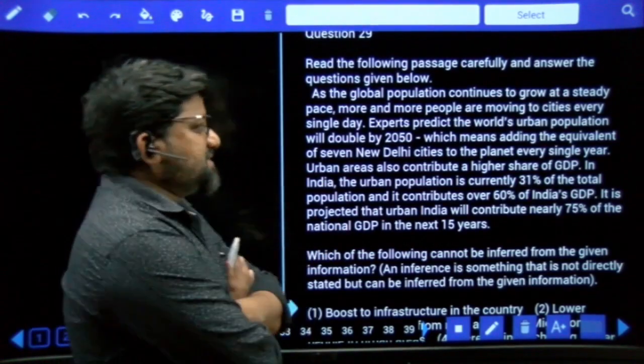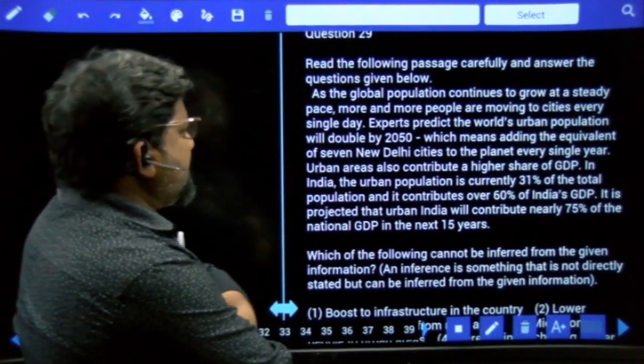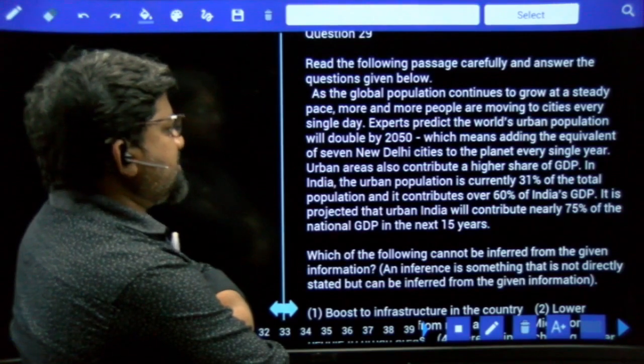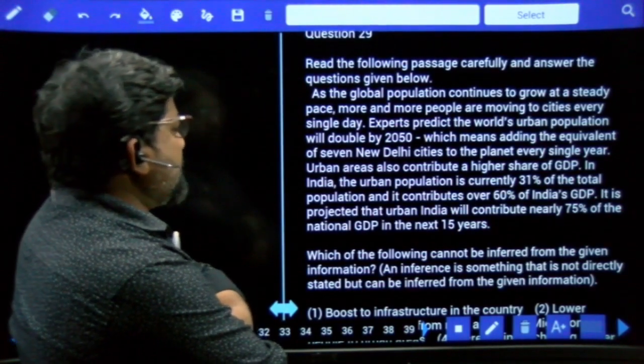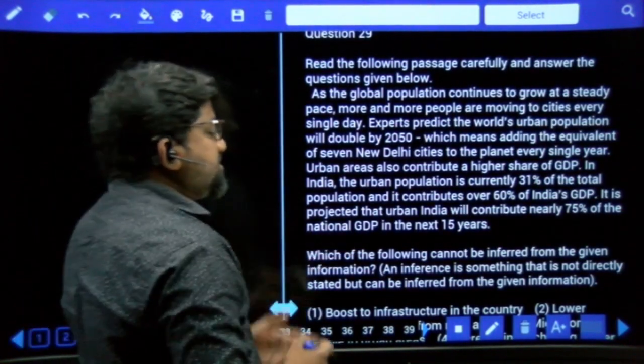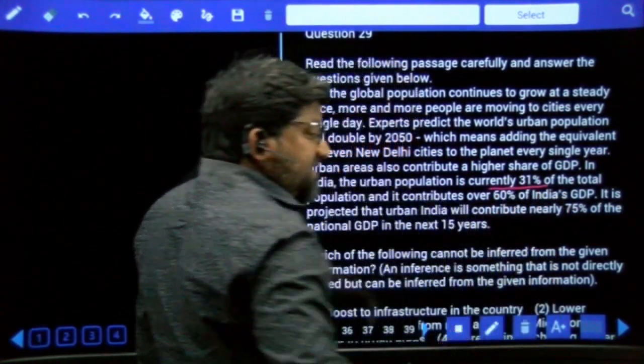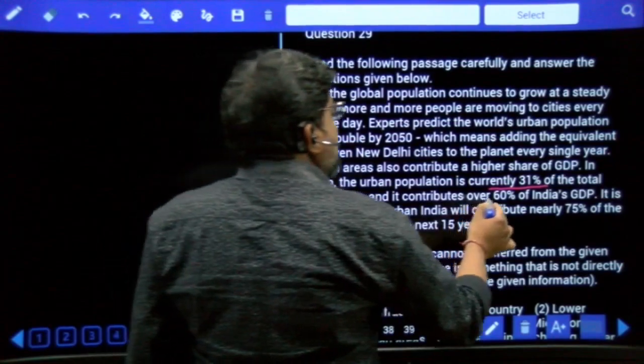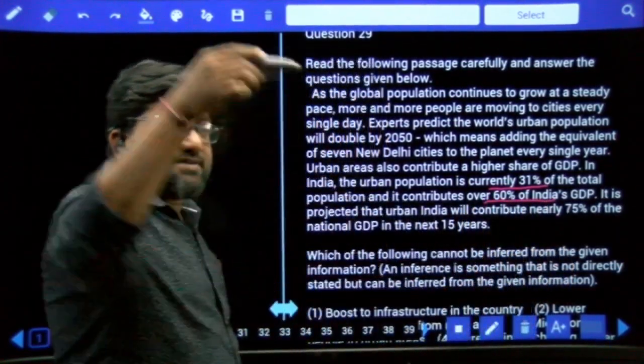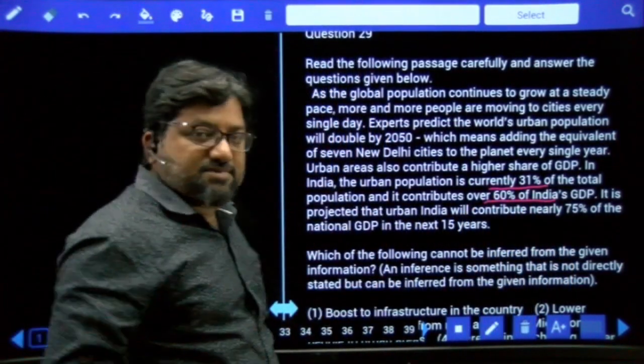Next. In India, the urban population is currently 31% of the total population, and it contributes over 60% of India's GDP. Please be careful here. Urban population is very less, but the amount it contributes to India's GDP is very high, almost double.